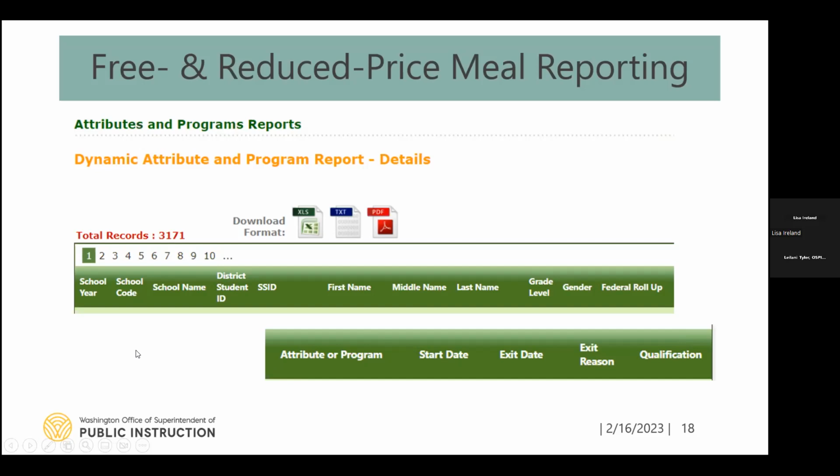Now I'm going to take a pause here. I often get inquiries from folks saying, hey, we submitted student A as eligible for free reduced price meals or in Title I or LAP math or special education, and I'm not seeing their record. If you ever need to reach out to any of us with questions, please make sure you only send either the SSID or the student's name and their school.